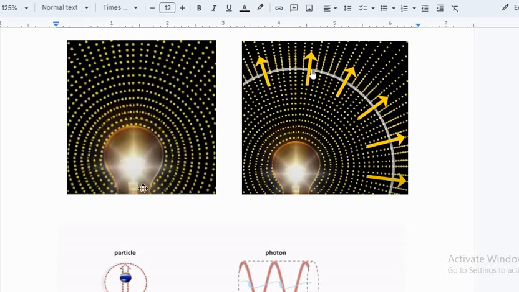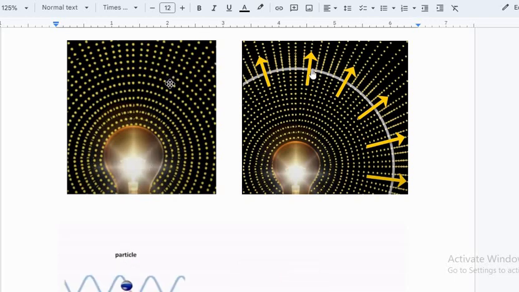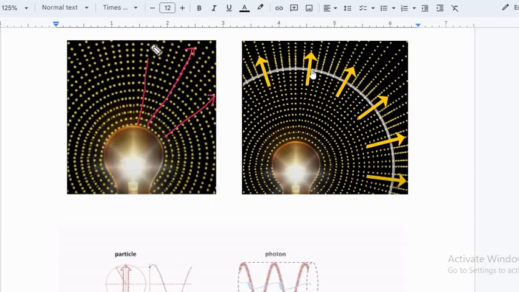Here only the forward direction is considered, but it will move in all directions. Now, if you want to connect these dots, it looks something like this, as shown over here. In geometrical optics, these are considered as rays.